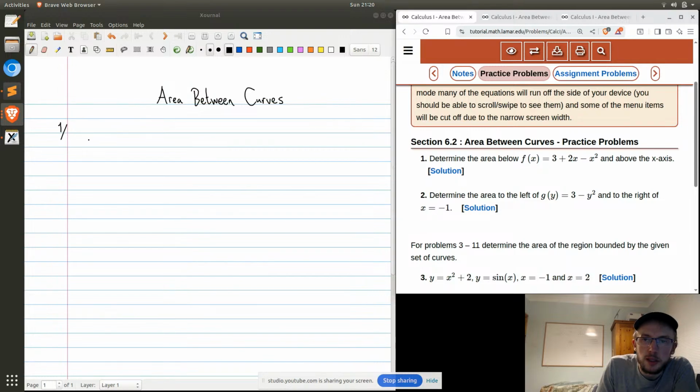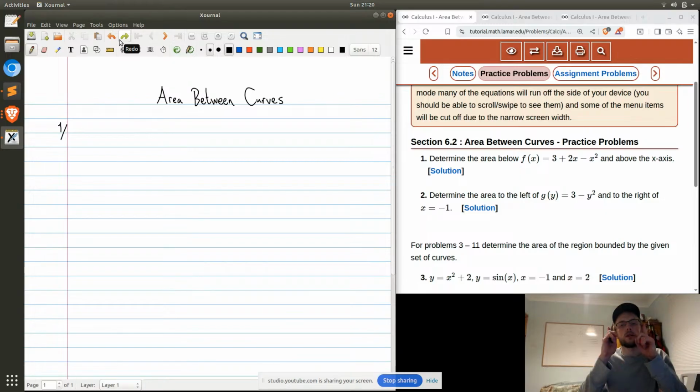So determine the area below here and above the x-axis. All right, so if we just do, think.